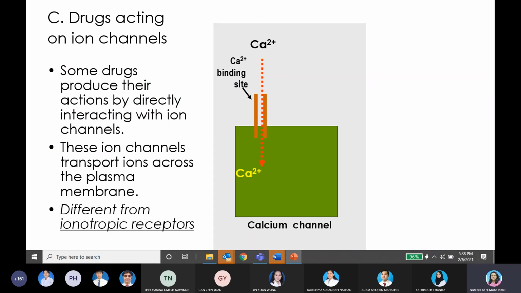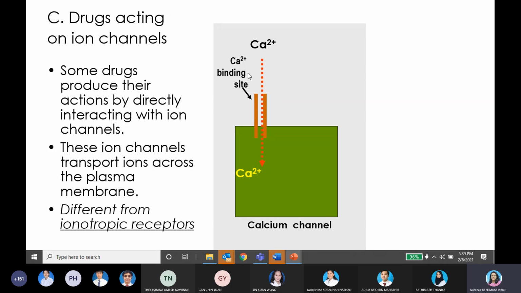Now it's drugs acting on ion channels. Some drugs produce their actions by directly interacting with ion channels. If you remember, there was also an ionotropic receptor, but that involved a drug acting via the receptors, which affected the opening and closing of the ion channels. But in this case, there's no receptors involved.